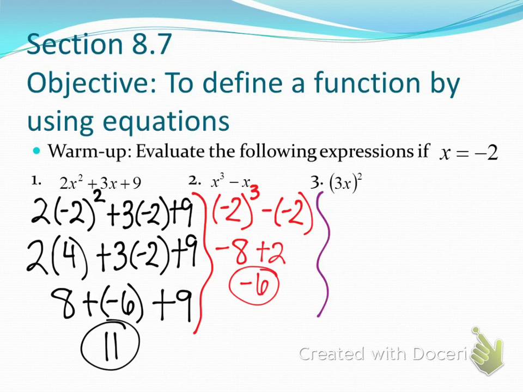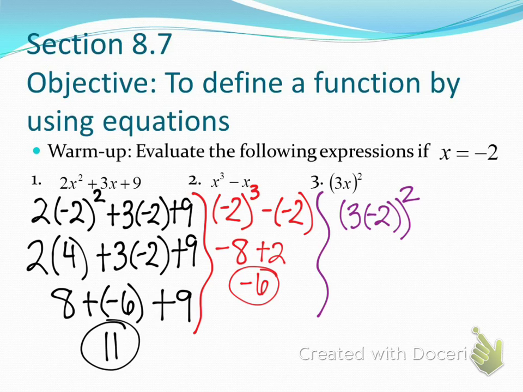All right, on the last one. We start off by substituting, and then we will simplify. Notice I've got 2 sets of parentheses. That's fine. We start on the inside. What's happening inside our parentheses? Multiplication.